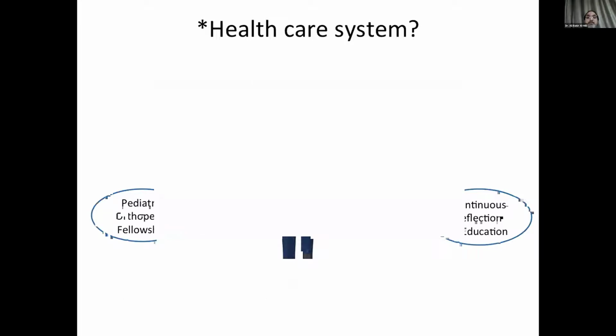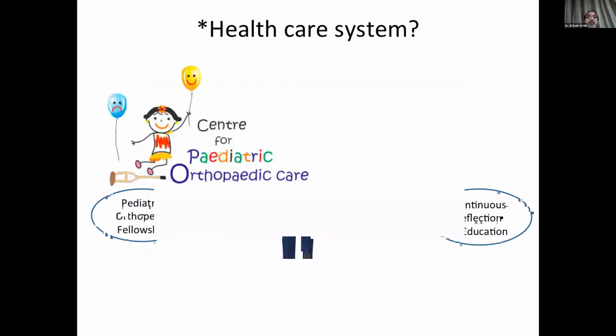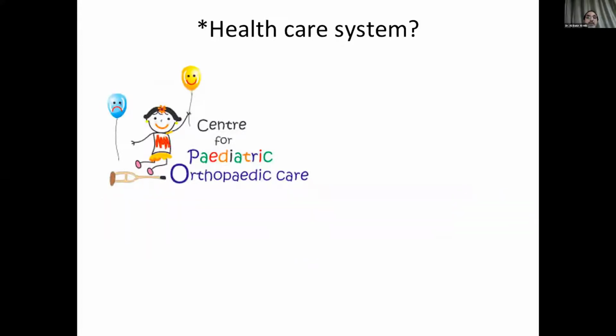What about the healthcare system? The people responsible should know that treatment of pediatric orthopedics should be in a center for pediatrics. It's not good to treat pediatrics among adults. It's not nice to have an adult clinic and then a patient with osteogenesis imperfecta comes alone among all of those patients.